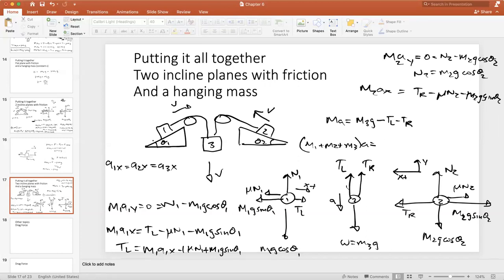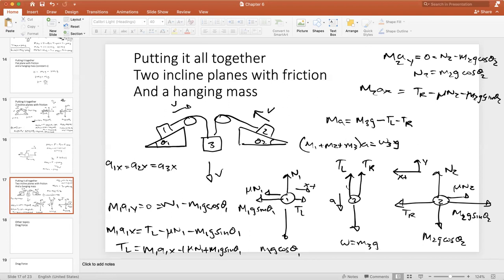and then the sum of all the forces. Well, the force on this one is the weight in the X of 1, and the weight in the X, I'm sorry, it's wrong, it is the weight of 3 in the Y direction, I guess.